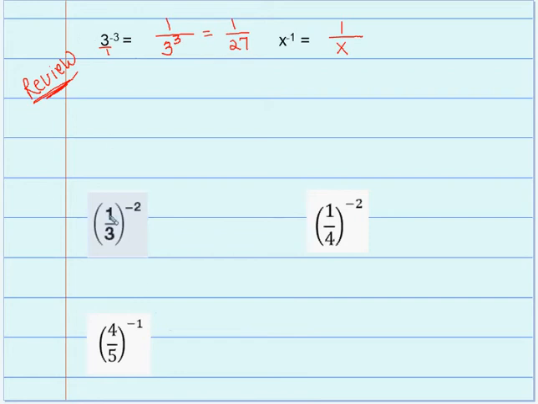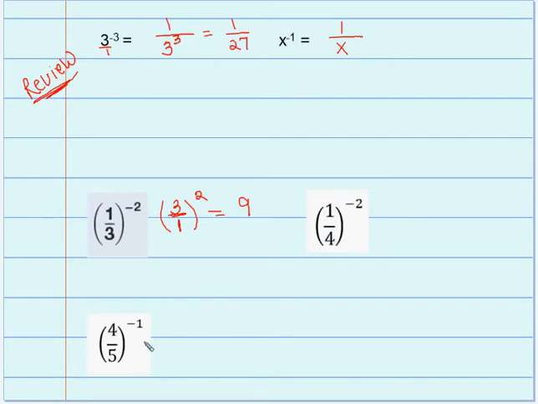It's making its reciprocal to the positive power. So if the number is 1/3, I need to take its reciprocal. So the reciprocal would be 3 over 1, and that is to the positive second power. So now I end up with just the number 9, because 3 times 3 is 9.